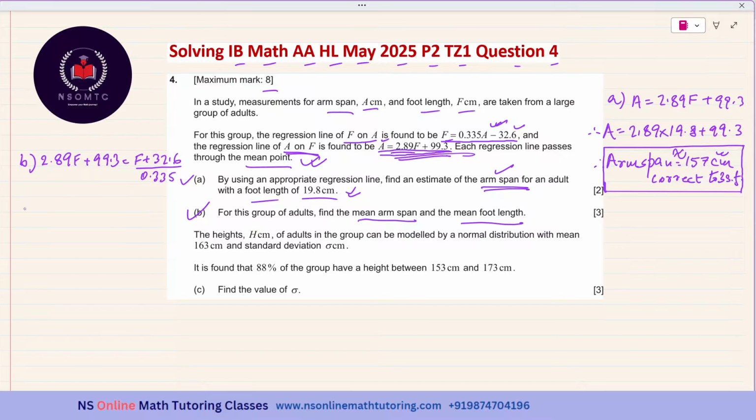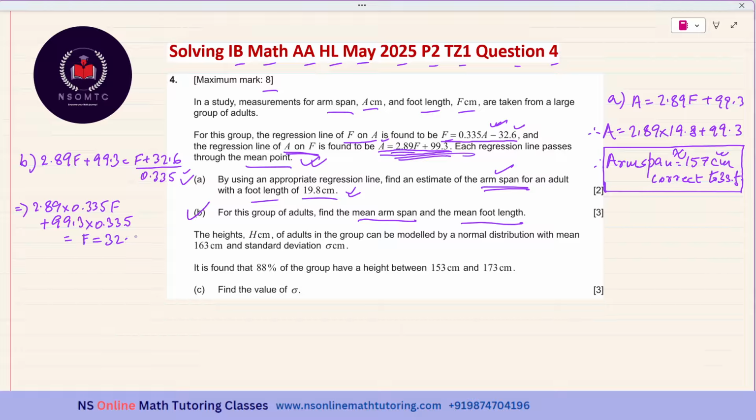Okay, and now we have to solve for F. So first thing that we can do is we can multiply the entire equation by 0.335 to get rid of this denominator. So this is equal to 2.89 times 0.335F plus 99.3 times 0.335, equal to F plus 32.6.